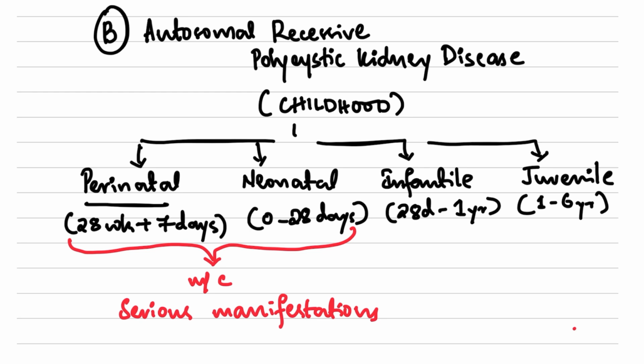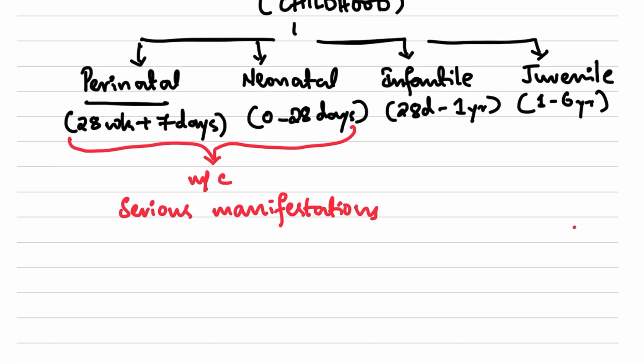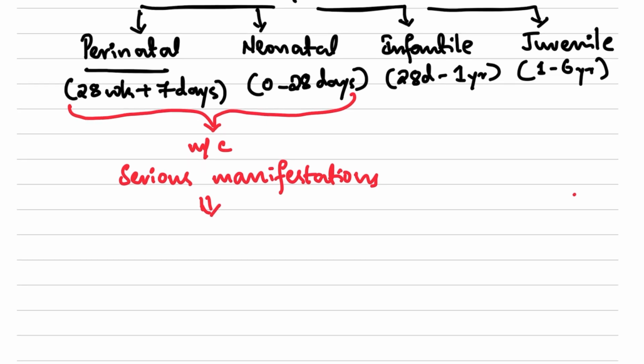Perinatal and neonatal are the most common types, and they are associated with the most serious manifestations. It can also affect the infantile period as well as the juvenile period. These serious manifestations can ultimately lead to the child succumbing to death, as well as the child can progress rapidly to renal failure.